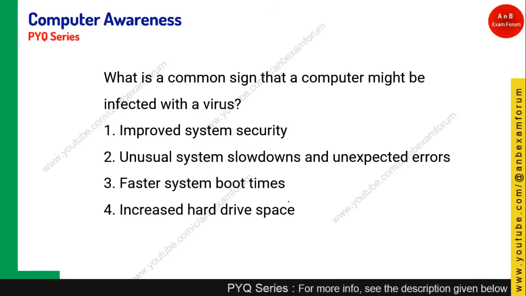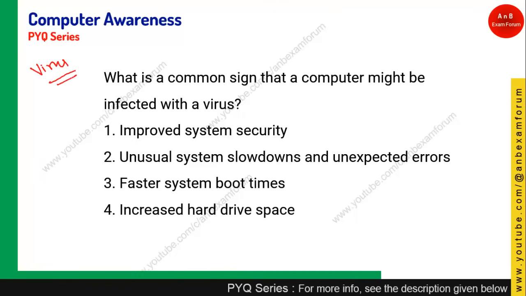Let's see the next question. It is from the virus, security threats or malwares, whatever you name it. Okay, what is a common sign that a computer might be infected with a virus? A very simple one. If your computer is infected with a virus, everything gets slowed down, definitely. Okay, your memory will take a huge toll, and you will find some unexpected errors, some unusual behavior.